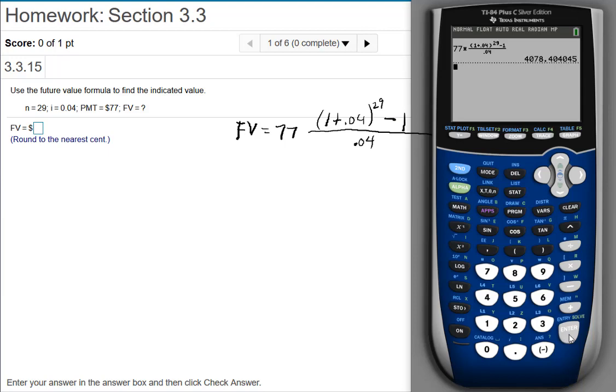Rounding that to 2 decimal places, which would be 40.78 and 40 cents.